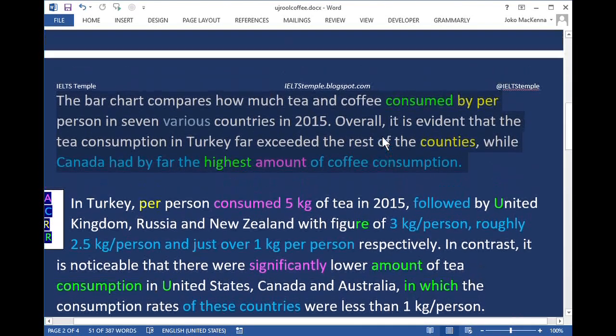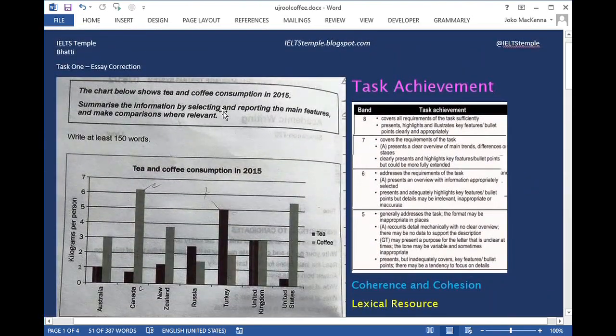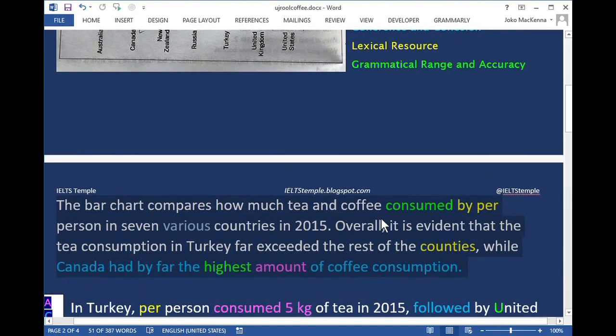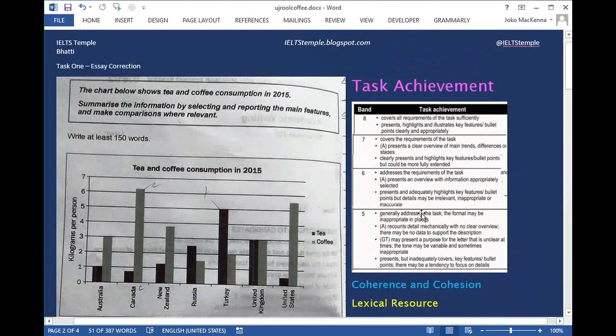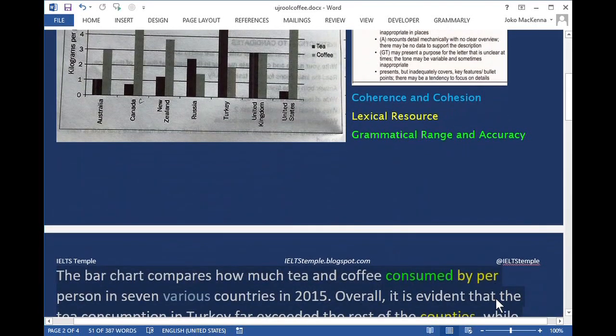How'd you do in your paraphrasing? Well, okay, compares how much tea and coffee. Why not make it coffee and tea? Even little rearrangements of the words shows that you know how to paraphrase. Consumed. All right, good. That's not consumption. But again, the grammar error. By per person. Now, this word per is very important in task 1 because you often see percentages or things that are represented in per person, sometimes called per capita.